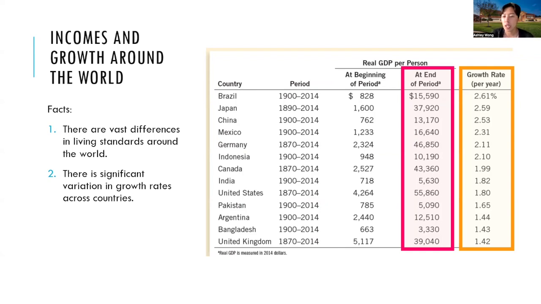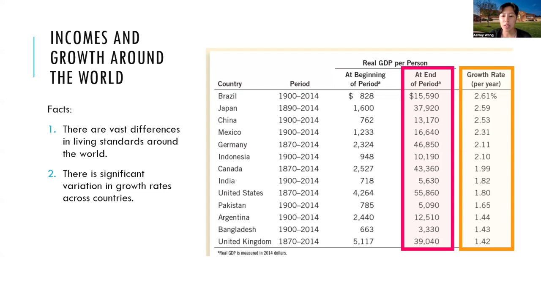So we use GDP per capita as a measure for a living standard, because GDP measures our productivity, right? And when productivity is high, when real GDP is high, this means that incomes are larger generally. And with larger incomes, people are able to consume more, and more consumption means that they're able to purchase goods and services that make their lives more convenient, healthier, safer, all of those things.